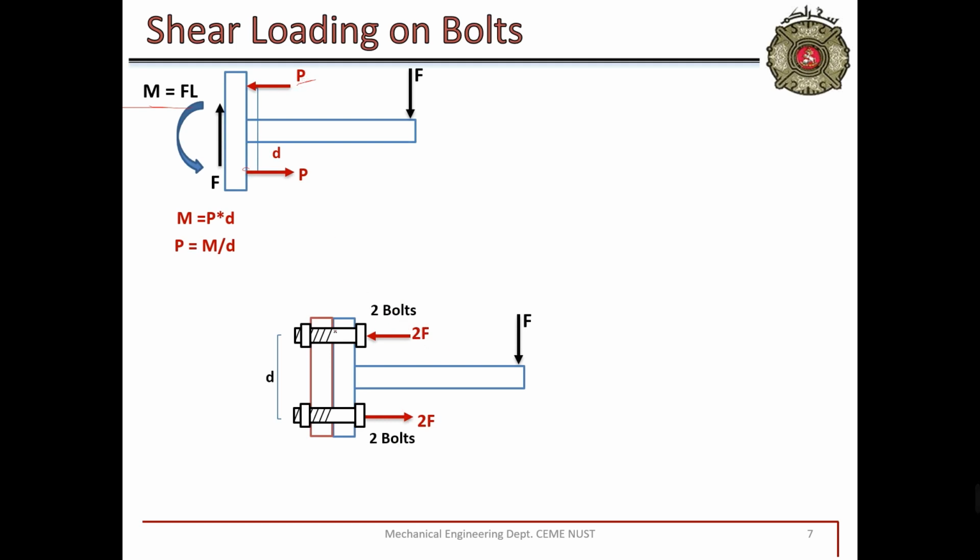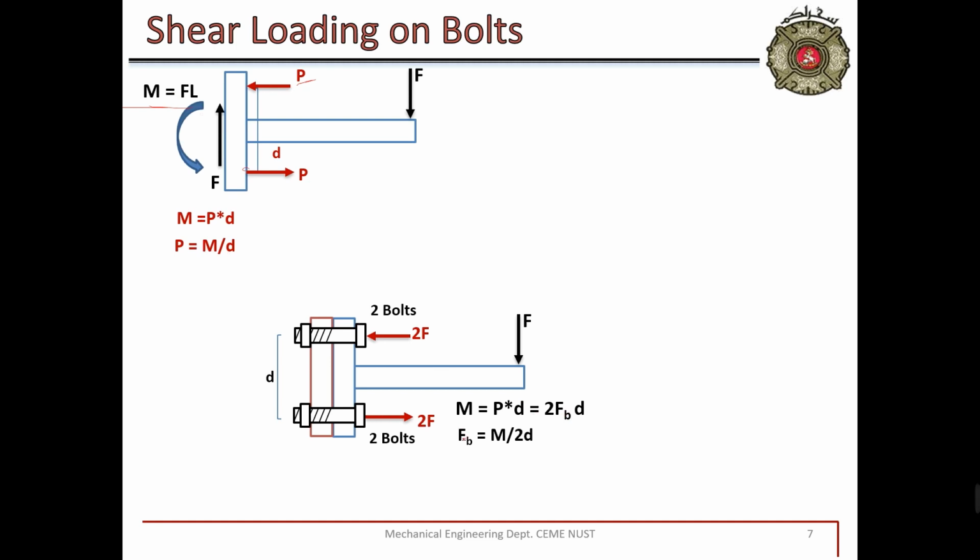Exactly the same case. Think of this red thing as a supporting wall or supporting block. We have one bolt here, one bolt here. The distance is d, so we can calculate from this external moment, which is equal to P into d, or F into L in this case, and it has to be equal to this value.